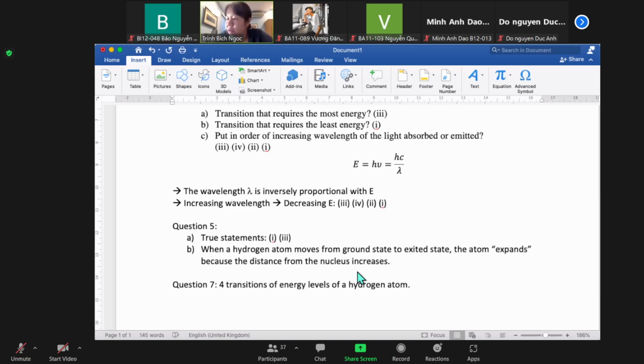And then you need to order. So you need to put in order from smallest to largest frequency of light absorbed.